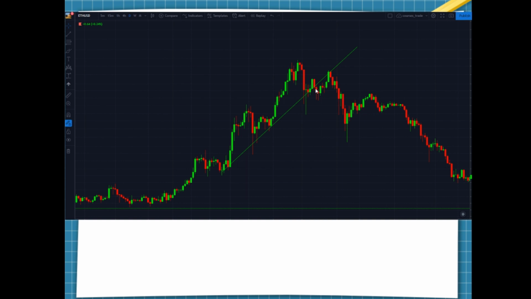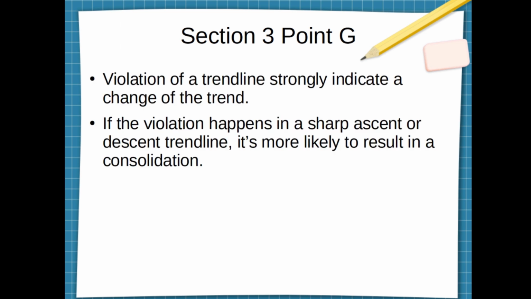Once it got violated here, you realize that this trend line that used to be a dynamic support turned into a dynamic resistance, and this is a good indication to short if your main trend study was a bear market. Okay, all right.